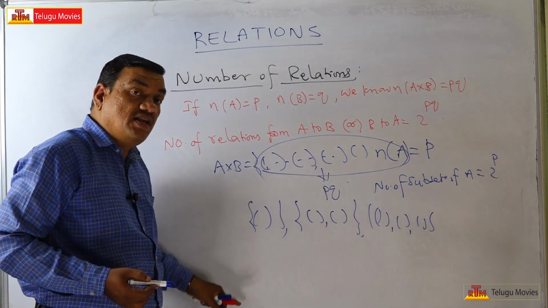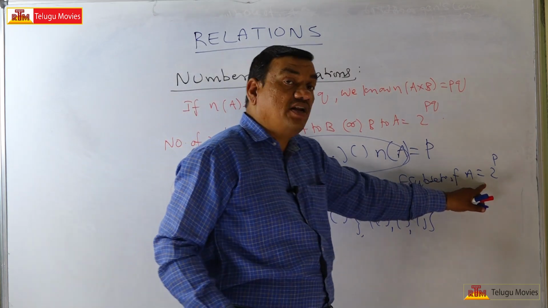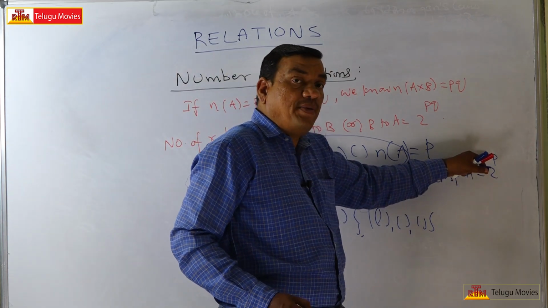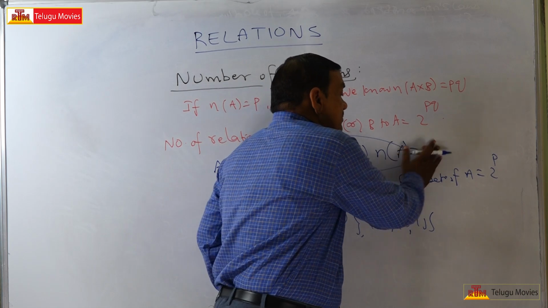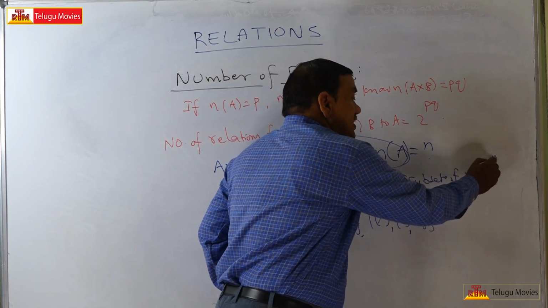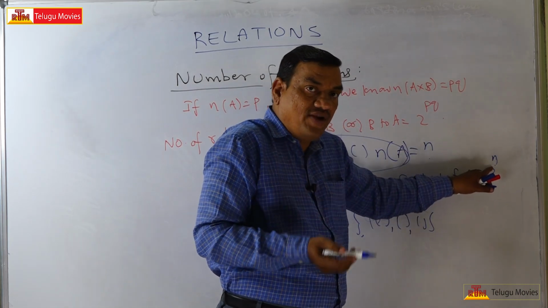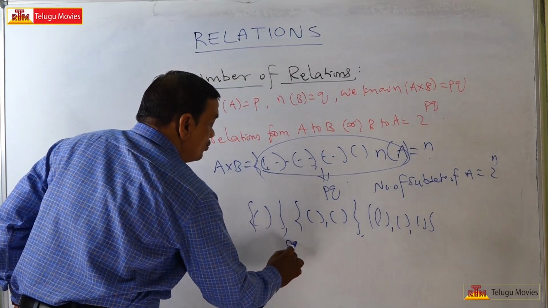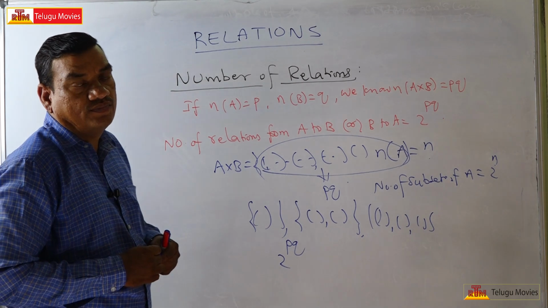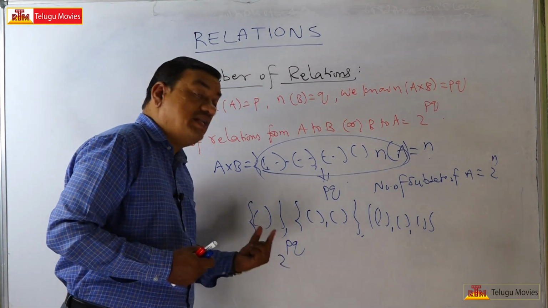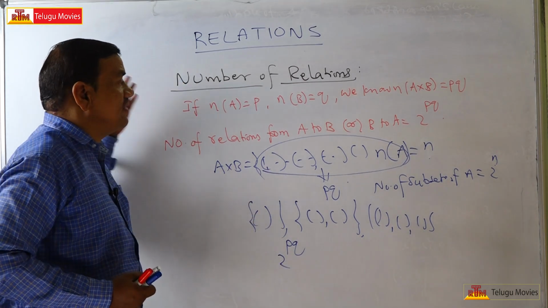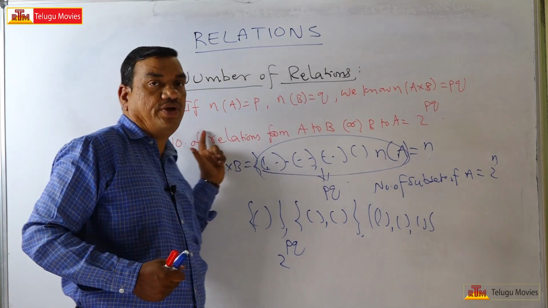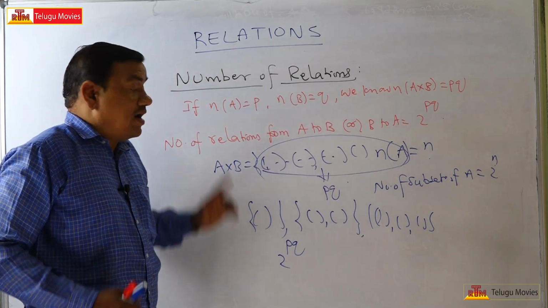Then how many subsets are we getting? If a set contains N elements, the number of subsets is 2 to the power of N. Here also the number of relations is 2 to the power of PQ. So these many relations we can get from either A to B or B to A. That's all.